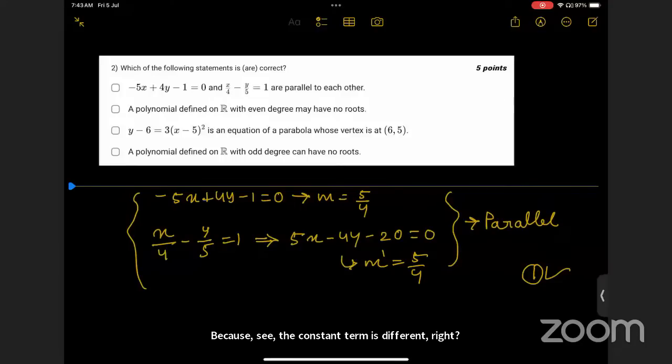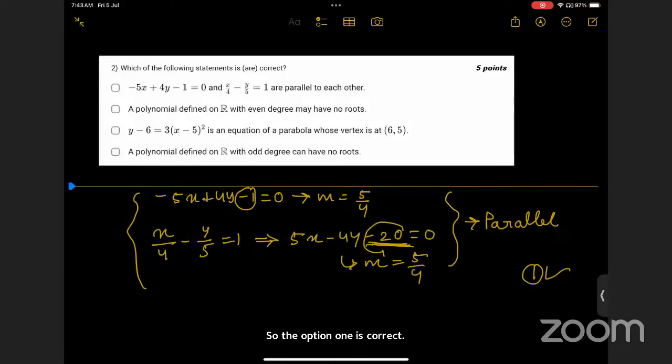So they are parallel. You can just have a look. The constant term is minus 20 and here minus 1. So option 1 is correct.